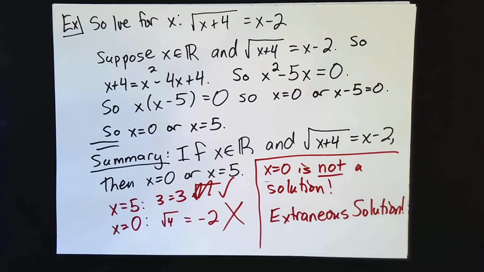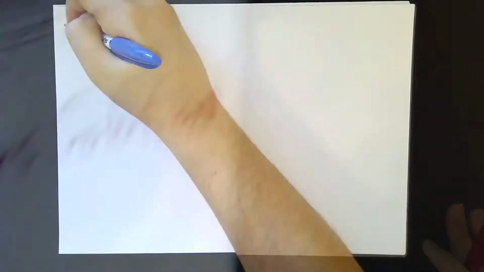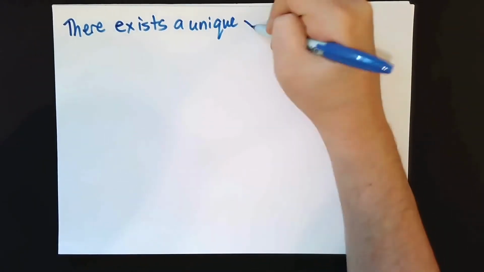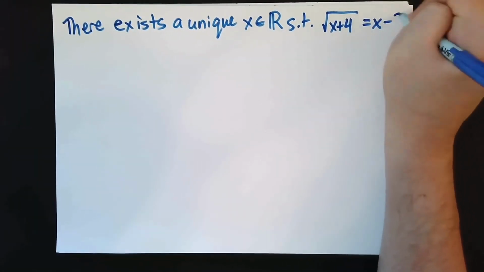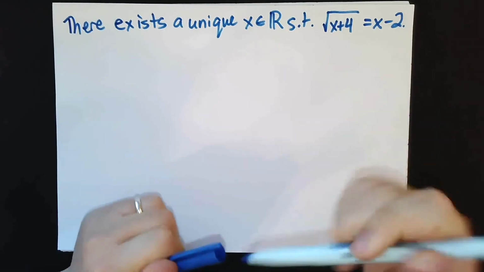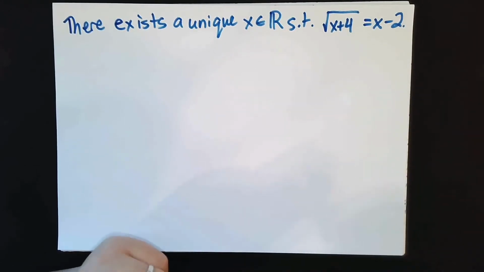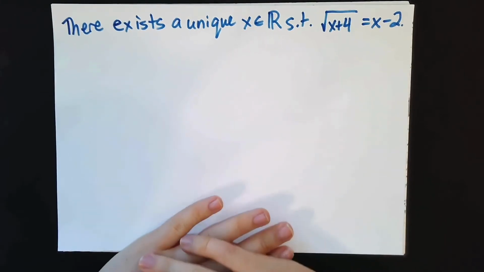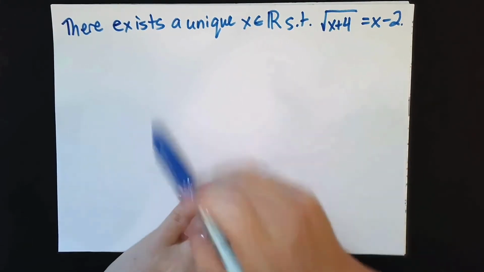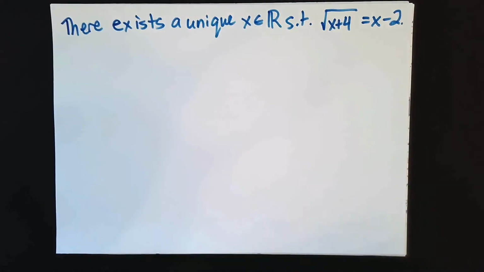Thus, as a final note, what we've actually proven is that there exists a unique x in R such that that equation is true. Namely, it's 5. And if you look through our proof and look at the fact that we showed that all solutions have to be 5 or 0, but 0 isn't actually a solution, then we've really proven this statement.